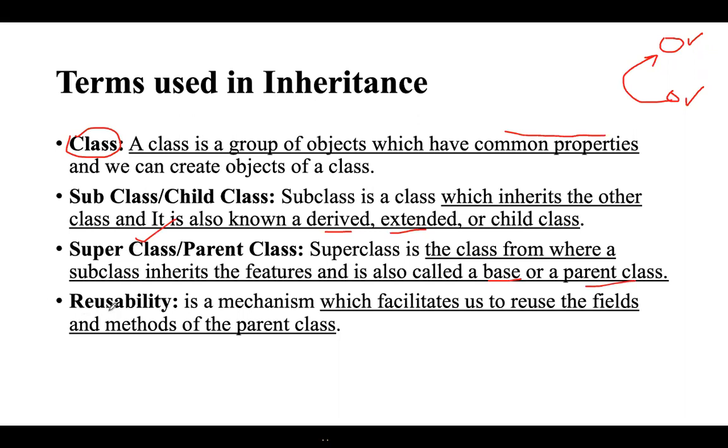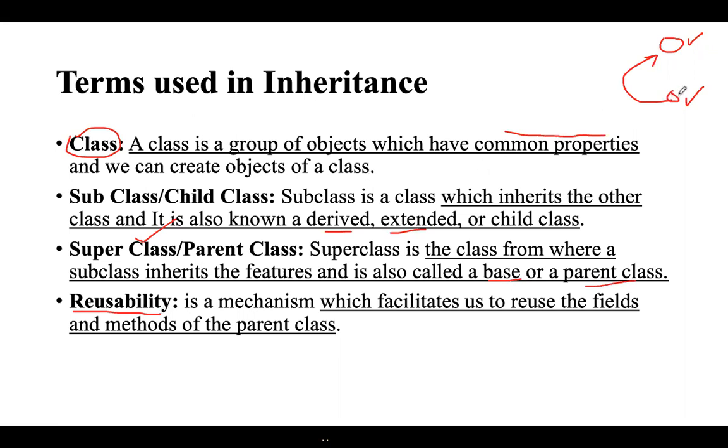And then we will use this term reusability, meaning reusing, using something again. When you are trying to access the information which is available in the parent class, this is what you are doing: you are trying to reuse the information of the parent class.